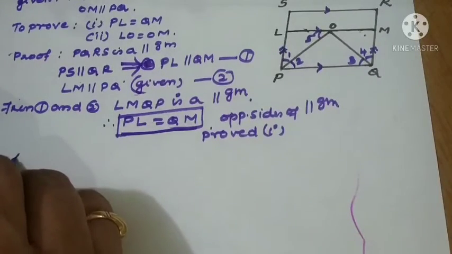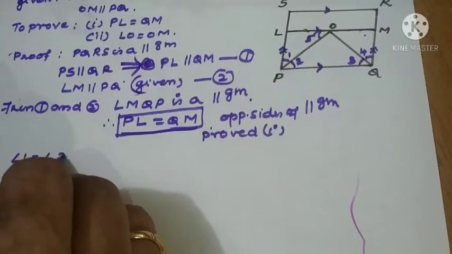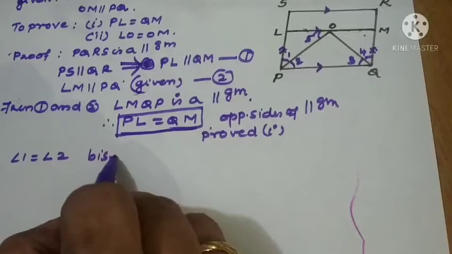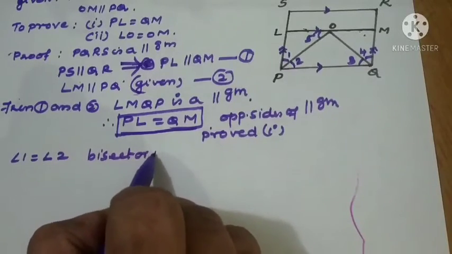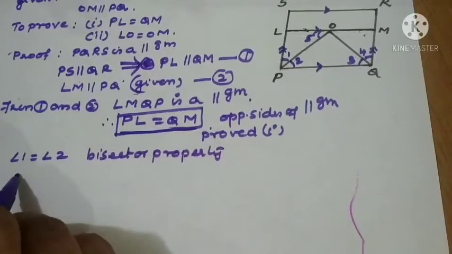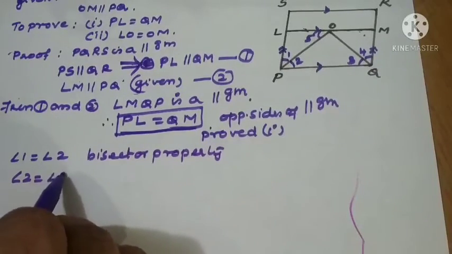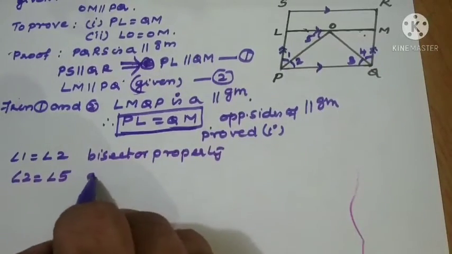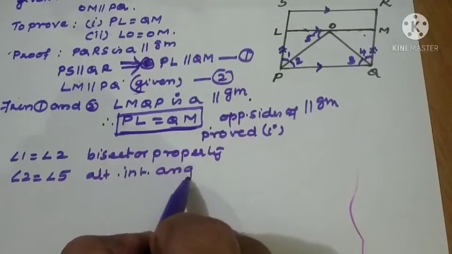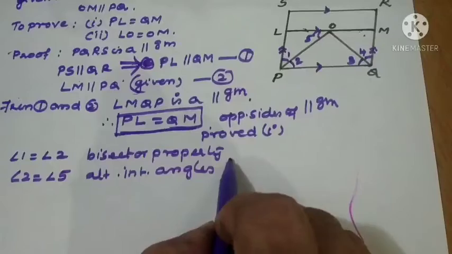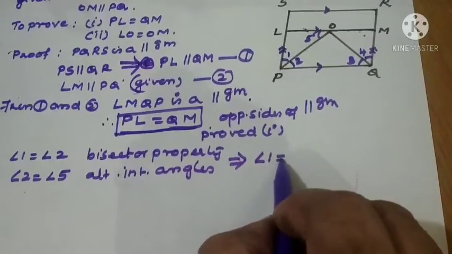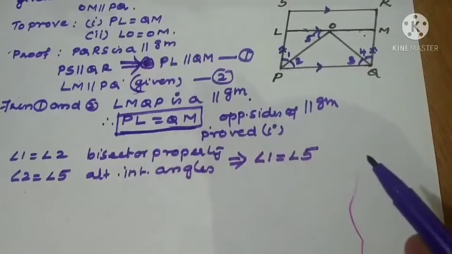Angle 1 equal to 2. What is the reason? I should write bisector property. Now angle 2 equal to angle 5, alternate interior angle. This implies, what is the conclusion from these two? Angle 1 equal to angle 5.